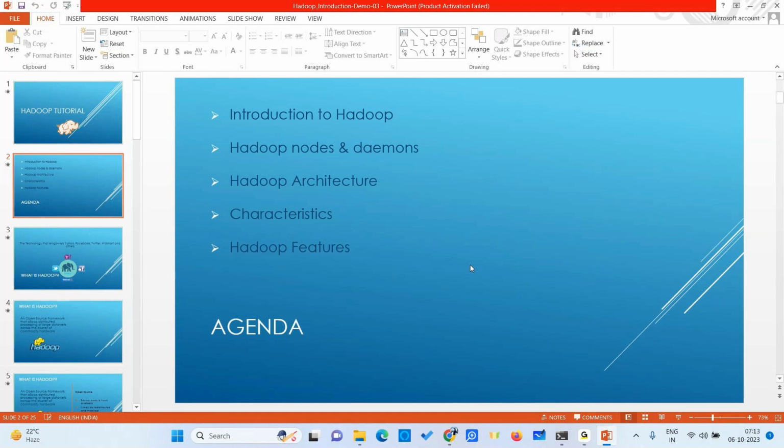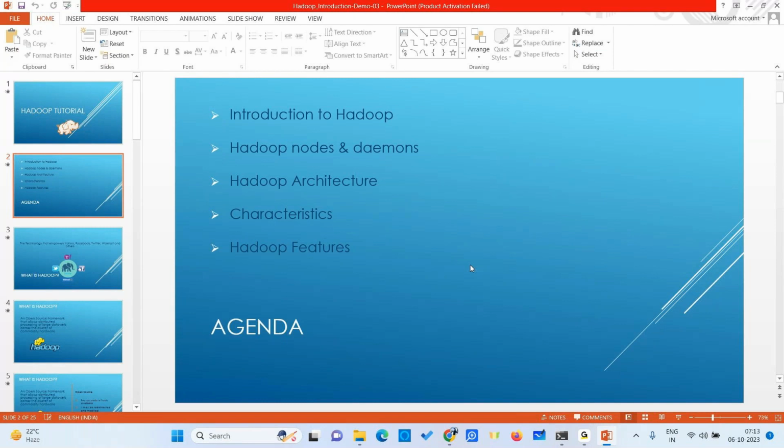What is Hadoop? It is very difficult to maintain huge volumes of data in a single machine, right? So we need to break down that data into smaller chunks and store it on multiple machines or multiple nodes.